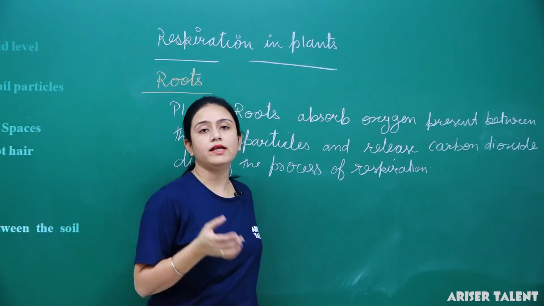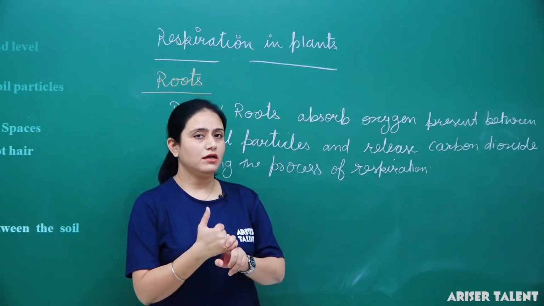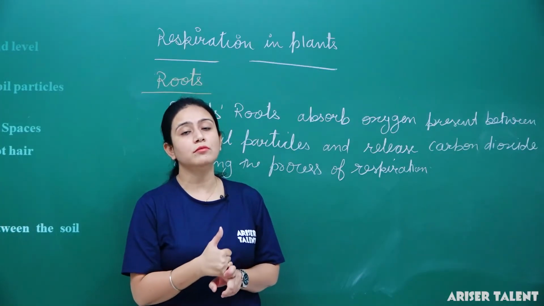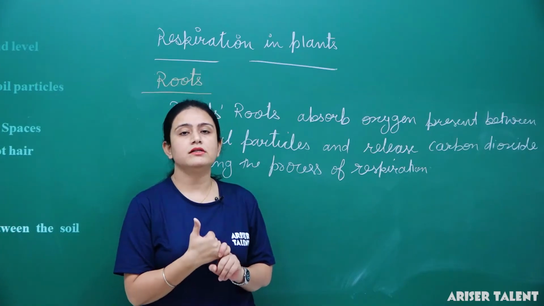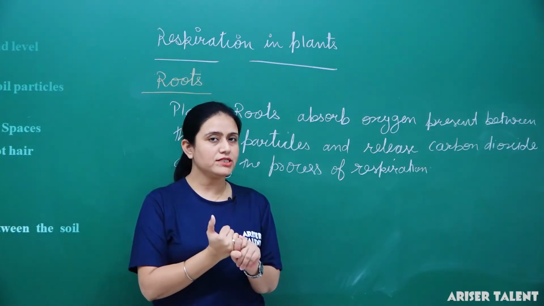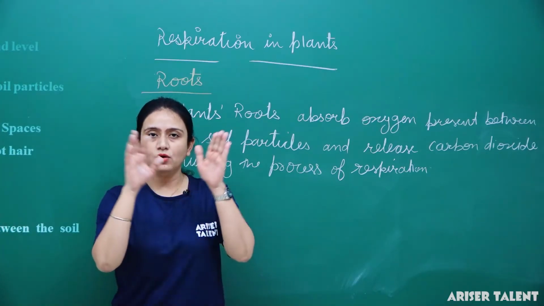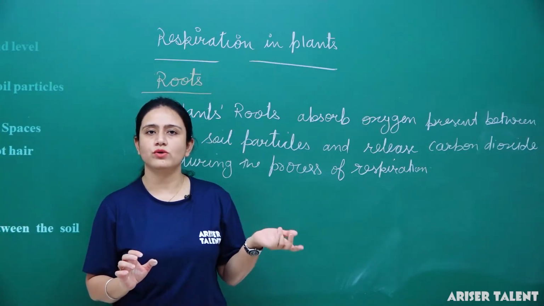I told you that generally some plants breathe through the stomata and roots, and some plants breathe through the lenticels. Lenticels means generally woody stems, which absorb the oxygen by the whole surface. That is known as lenticels.